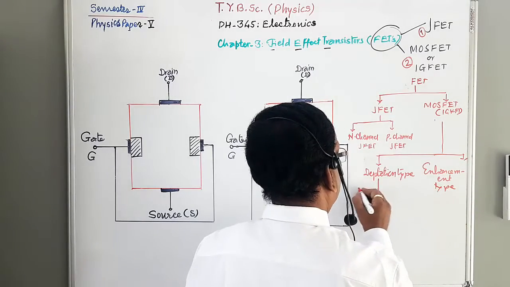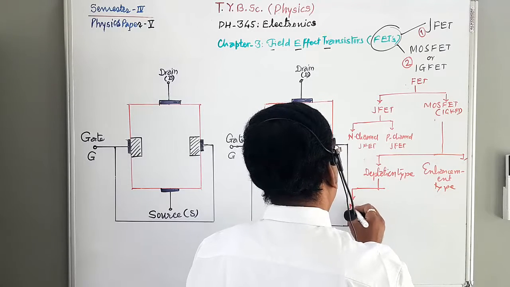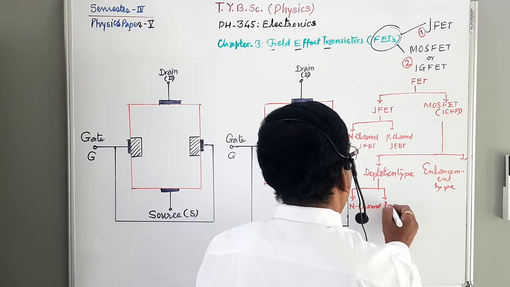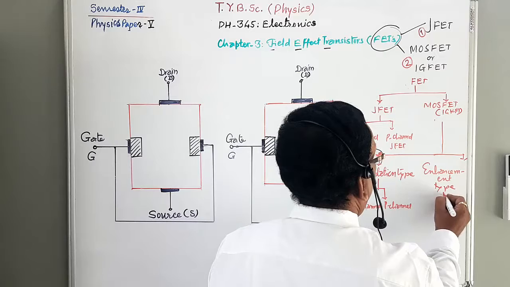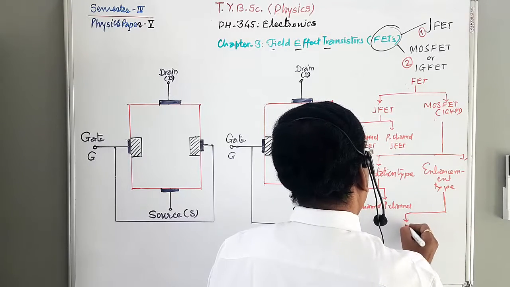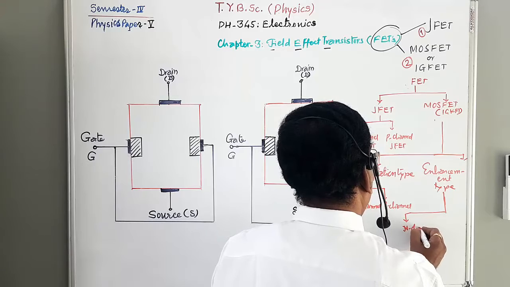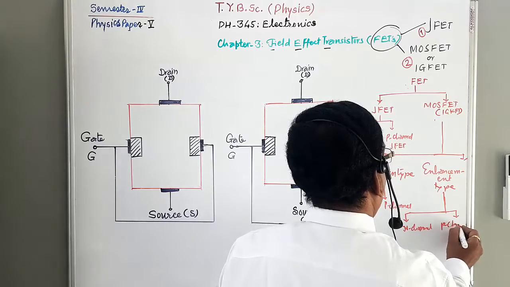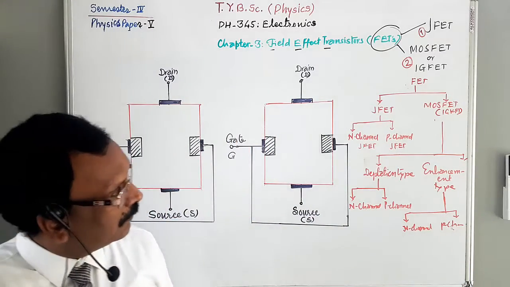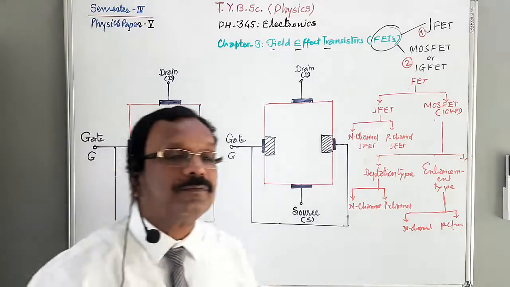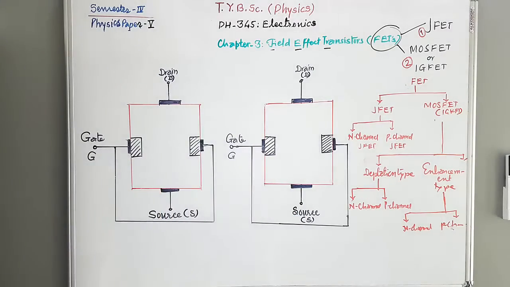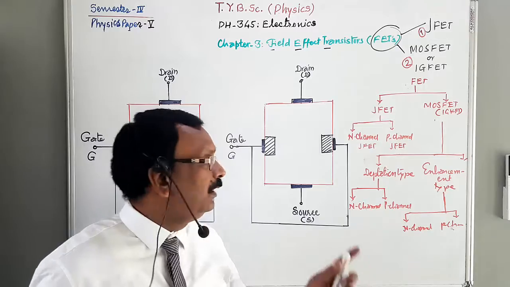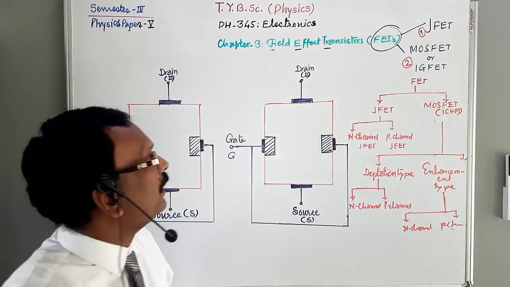The depletion type is classified into N channel and P channel. Similarly, the enhancement type is also classified into two categories, N channel and P channel. In this way we studied the classification. Now we are going to study JFET, the junction field effect transistor, in detail.